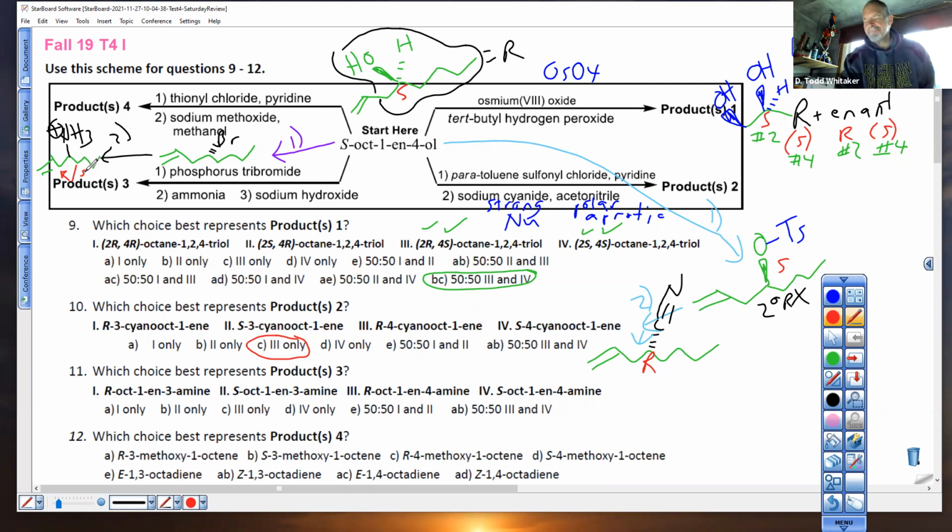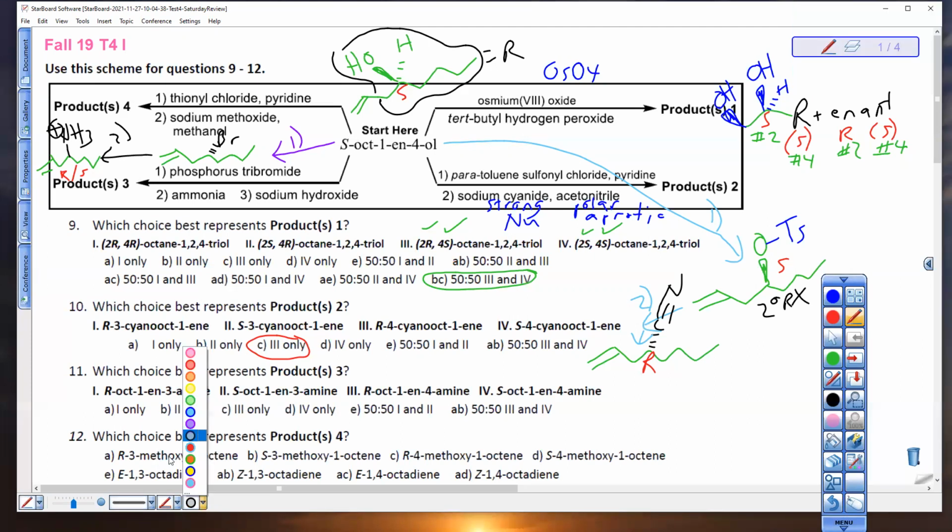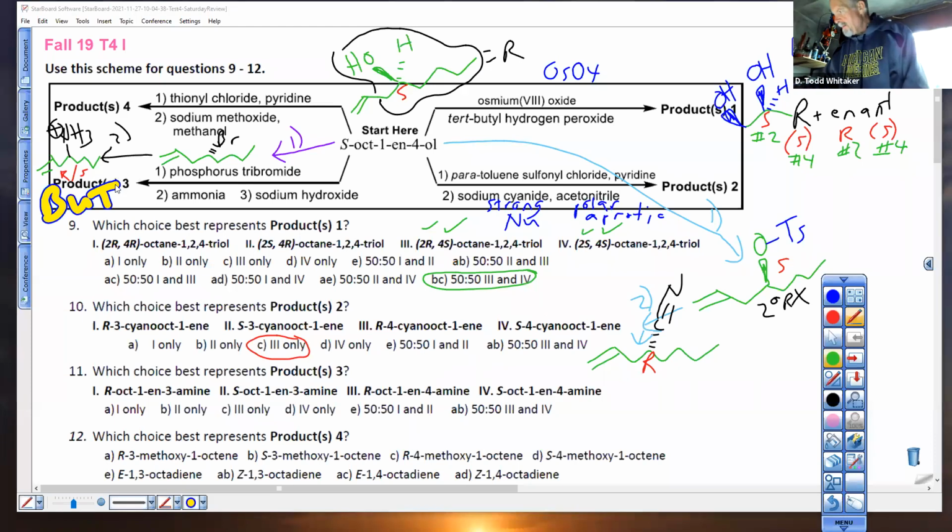SN1. What's the intermediate that I have to keep in mind here? Intermediate in an SN1 reaction: carbocation. Gives us a big but. There's the cation.